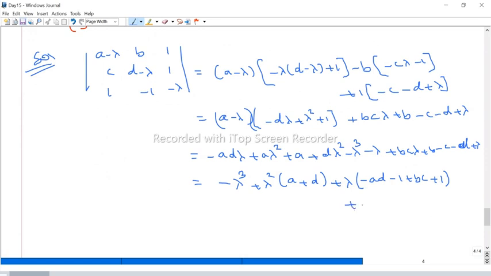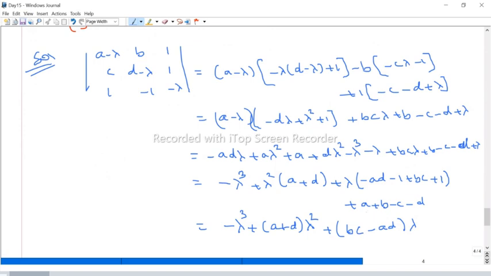And then the constant terms are plus A, then plus B minus C minus D. Correct? Yeah. Now you can simplify this. So minus lambda cube plus (A plus D) times lambda square. You can cancel this 1, therefore plus (BC minus AD) into lambda.